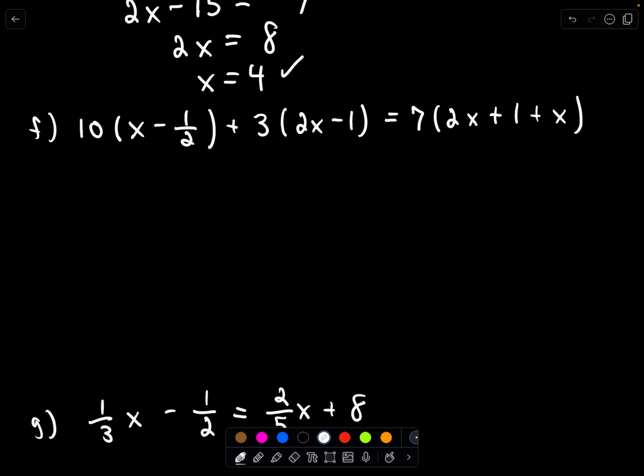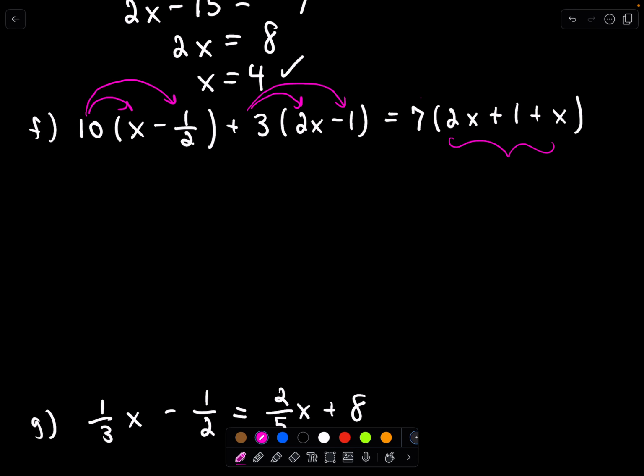Okay, so F, we've got yet more parentheses. So again, in that first set of parentheses, we'll distribute that 10. On the second set, we'll distribute by the positive 3. And then on the left set, notice I've written it a little strange. I've got 2x plus 1 plus x.